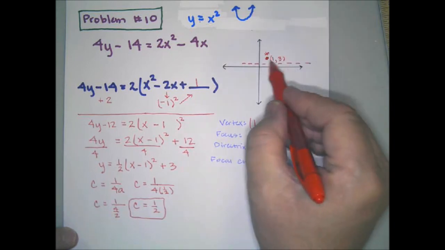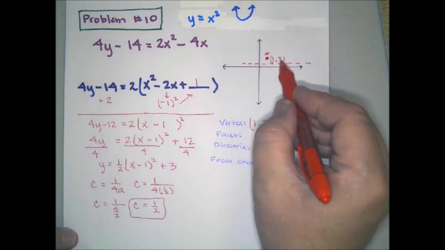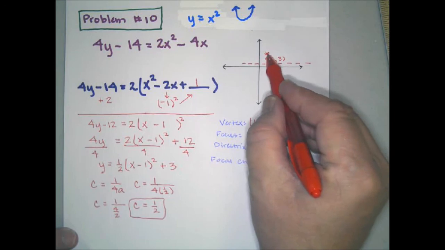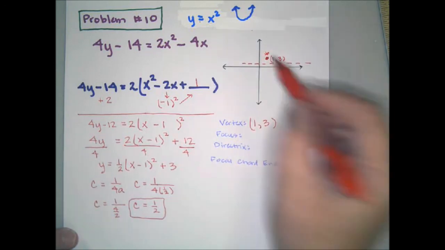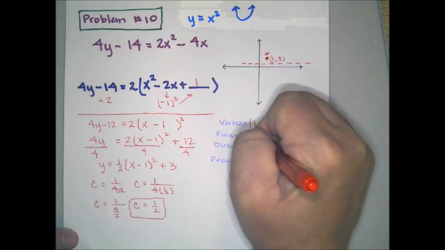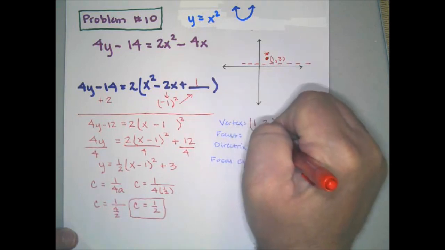So if I'm at 1, 3 and I go up a half a step, I'm now at 1, 3.5.